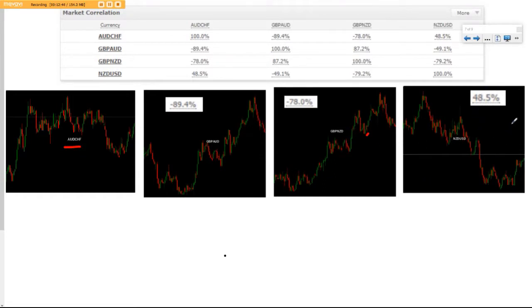This one, weak positive correlation. So if this one is going up, that one is going to go up as well. Because if you look at this region there, let's look at the latest region we've got.